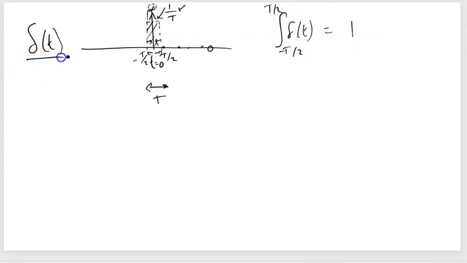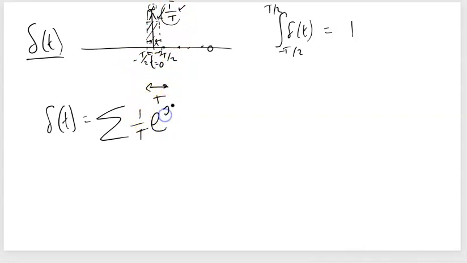Now, any time domain function can be represented by a series of complex exponentials, and the Dirac delta function is no different. We can say that the Dirac delta function is equal to the sum of 1 over T, and we say it's 1 over T because this is going to be the value of the magnitude of that particular component, e to the j omega n t.